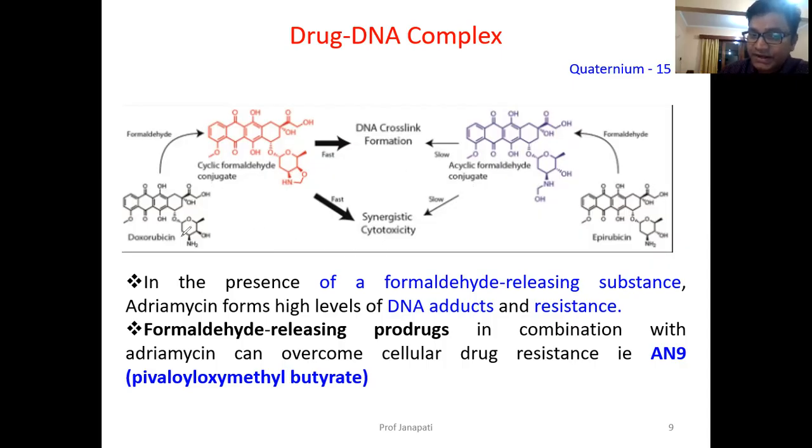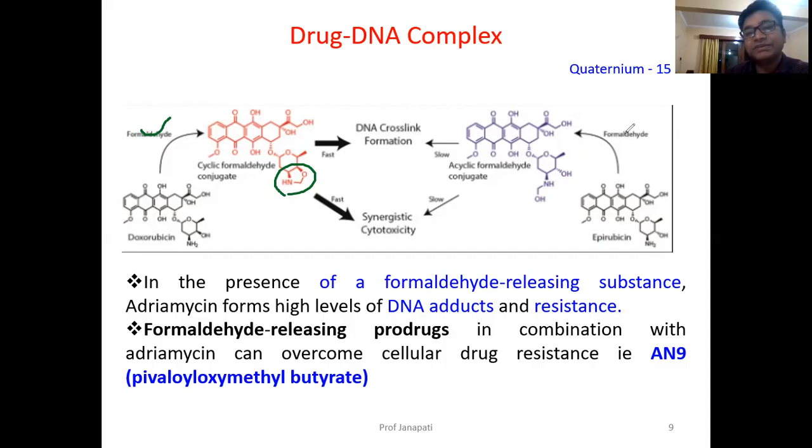Now, if you combine doxorubicin with formaldehyde releasing drugs, what happens? A cyclic formaldehyde conjugate is formed on the sugar molecule between the amine group and hydroxyl group, and cross-linking is very fast.